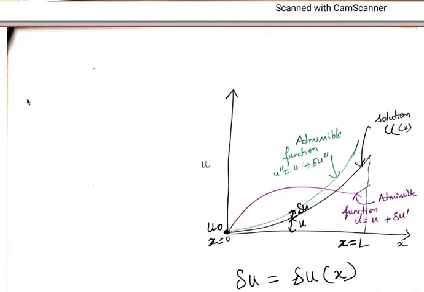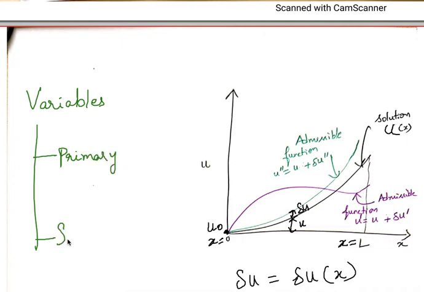Variables are taken to be of two types. One is called primary and the second one is called secondary.